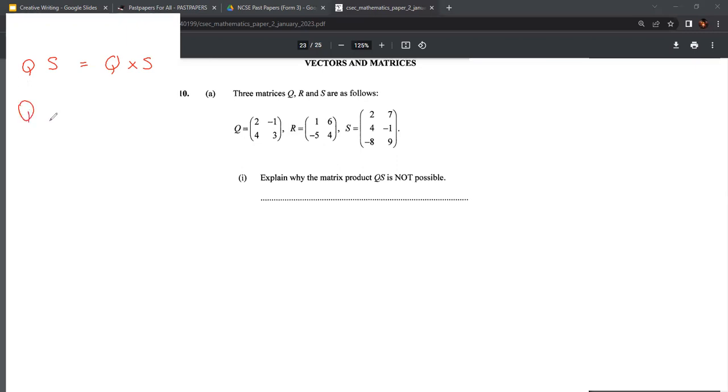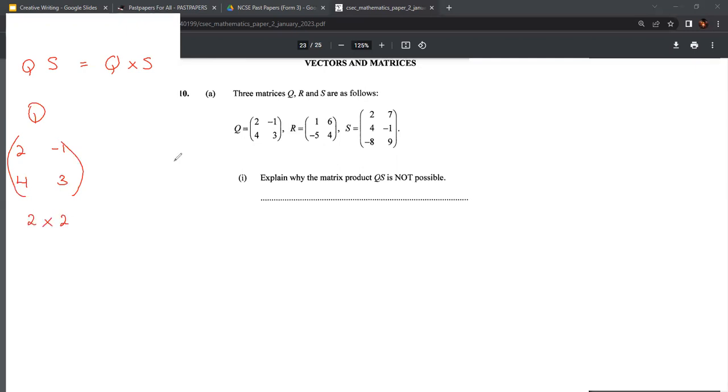Now Q is equal to 2, -1, 4, 3. Now Q is a 2 by 2 matrix.